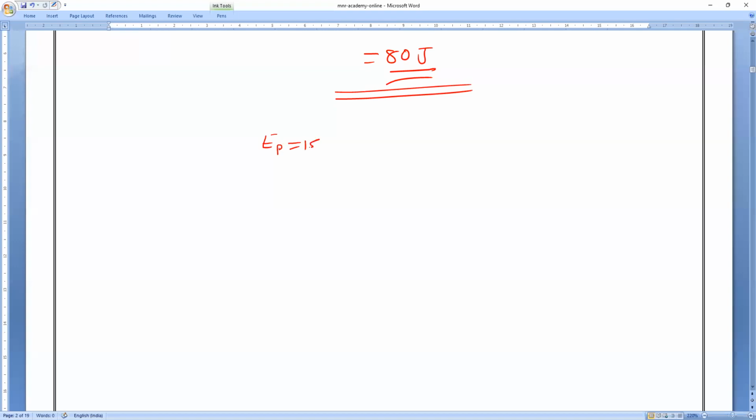Which is equal to how many joules? 150 joules. Mass is 2000 grams, they have given.